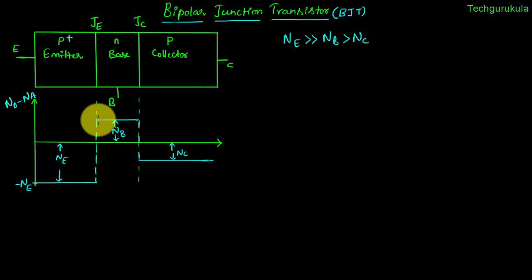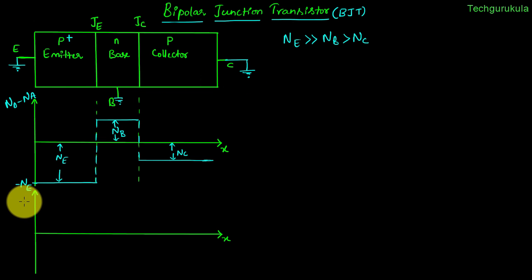Emitter to base there is abrupt change of doping, and base to collector there is abrupt change. As we are assuming this BJT is in equilibrium, which means there is no net current flowing through it. So equivalently, we can assume that all terminals are grounded.